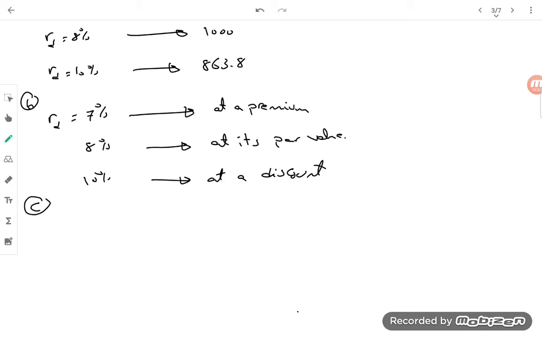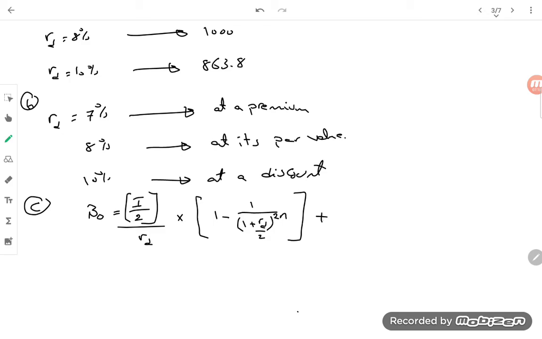So in this case, B0 would be calculated as I divided by 2, divided by RD, multiplied by 1 minus 1 over (1 plus RD divided by 2) to the power 2n, plus M multiplied by 1 over (1 plus RD divided by 2) to the power 2n.